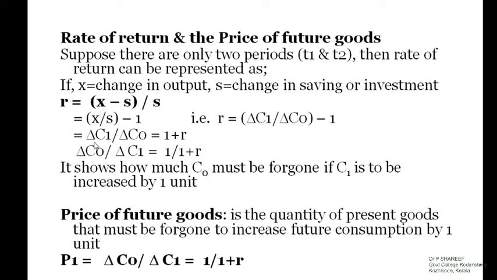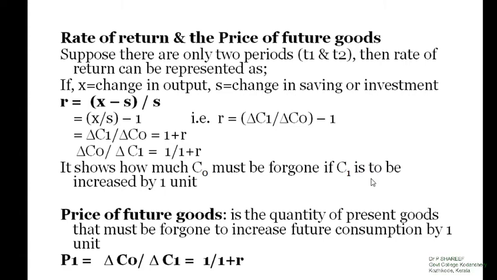Again, that can be shown as delta C1 by delta C0 is equal to 1 plus R. Now taking its reciprocal, we will get delta C0 by delta C1 is equal to 1 by 1 plus R. This ratio shows how much current consumption C0 must be forgone if future consumption, that is C1, is to be increased by 1 unit.